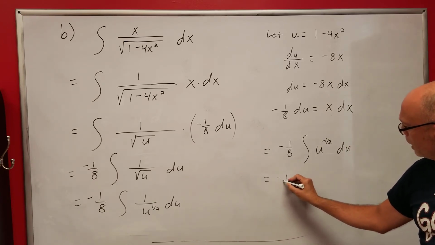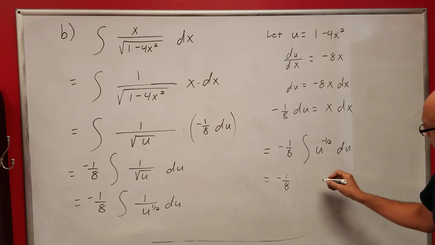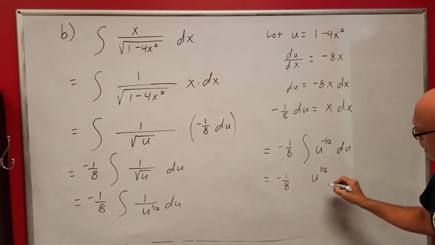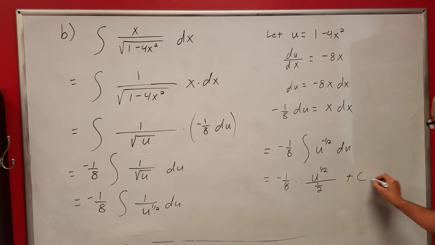All right, so we have negative 1/8 that comes down. What's the antiderivative of u to the negative 1/2? It is u to the 1 plus this negative 1/2, or u to the positive 1/2, divided by 1/2, plus c.